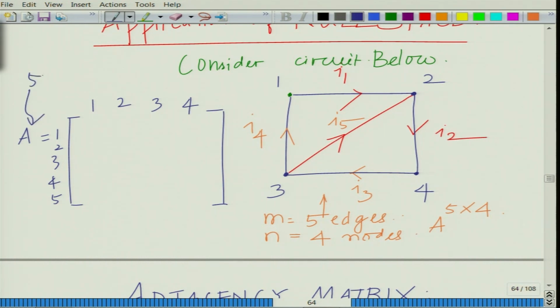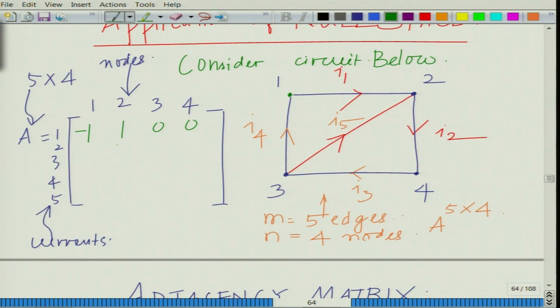So, these are your currents and these are the nodes of the circuit. Now, look at this, current I1 leaves node 1, enters node 2. So, leaves node 1, so minus 1, enters node 2, so plus 1, and the rest are 0.